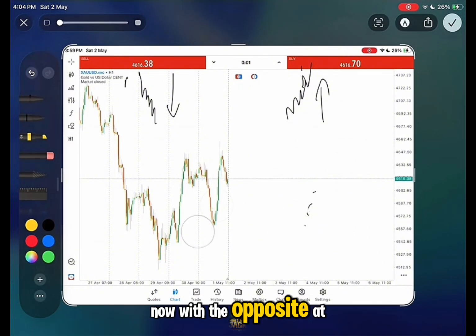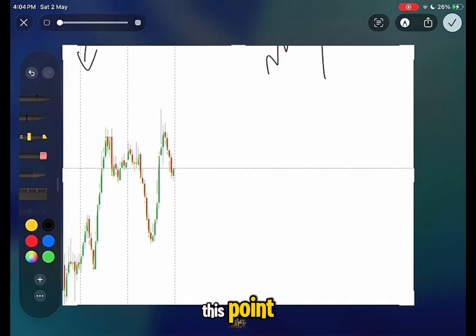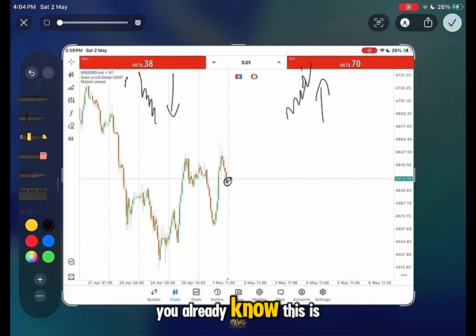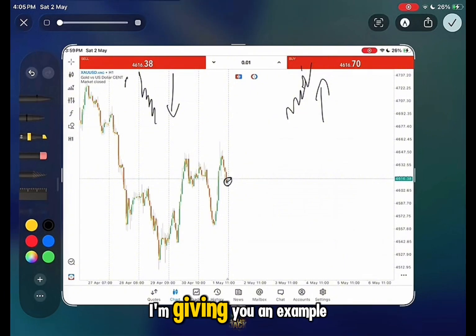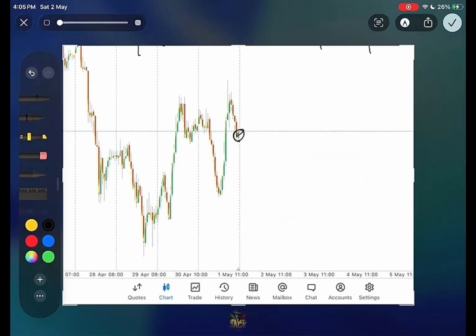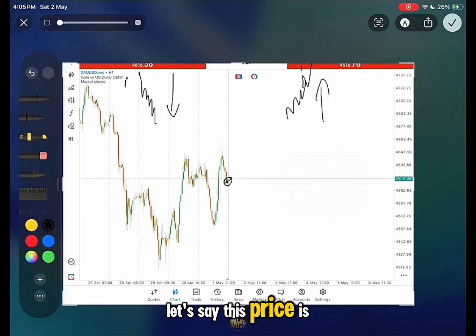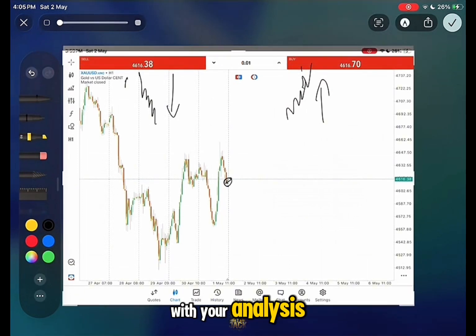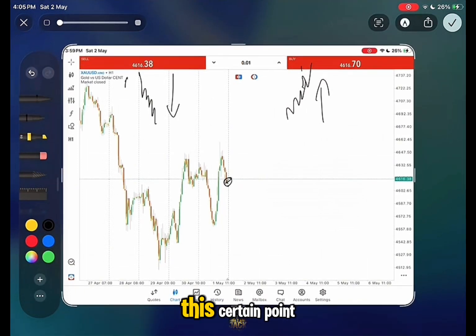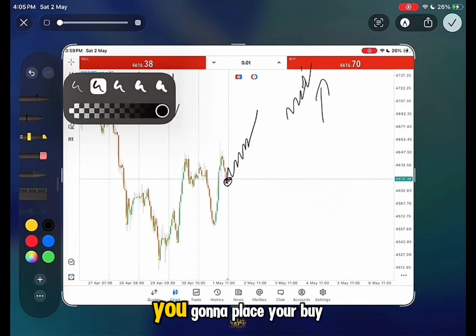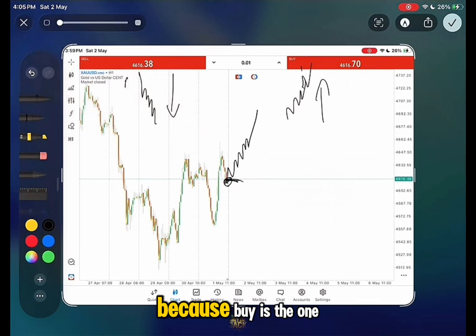Now, with the opposite, this is just an example, guys. Don't just follow this, all right? I'm giving you an example. Let's say this price is going to go up. With your analysis, you have found that after this certain point, price will tend to go up. Once you know this, you're going to place your buy, because buy is the one indicating the price will go up.